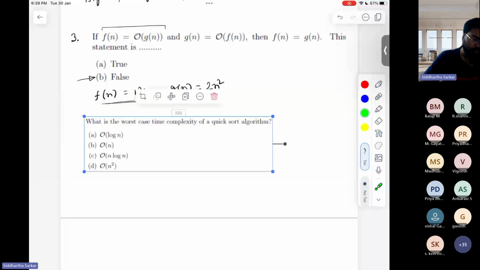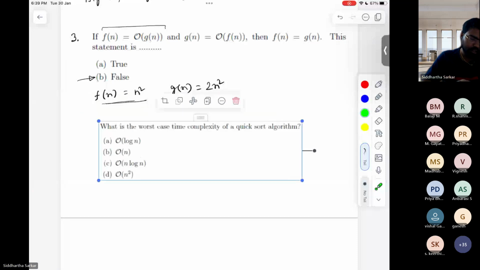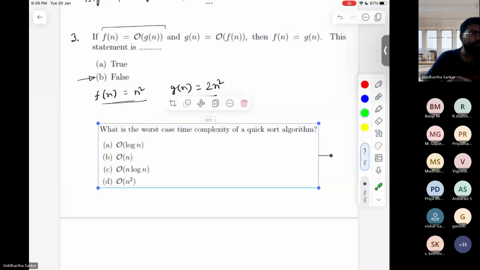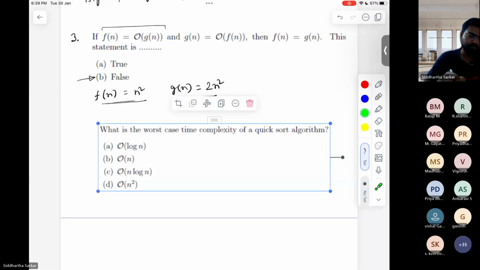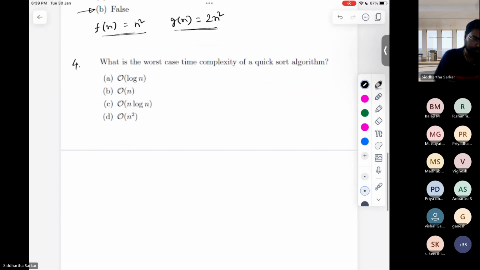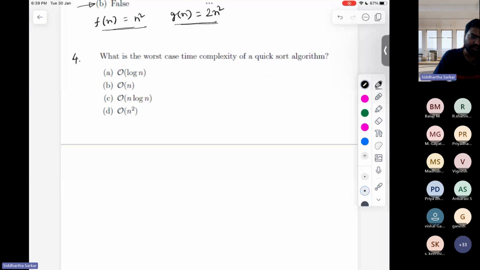What is the worst case time complexity of quicksort? Any guesses?